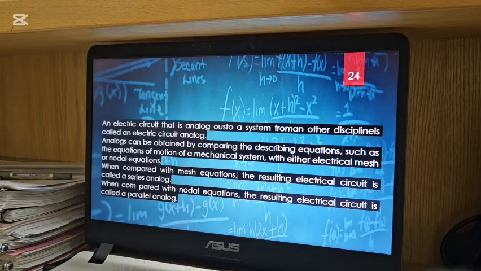An analog can be obtained by comparing the describing equations, such as the equations of motion of a mechanical system, with either electrical mesh or nodal equations. When compared with mesh equations, the resulting electrical circuit is called a series analog. When compared with nodal equations, the resulting electrical circuit is called a parallel analog.